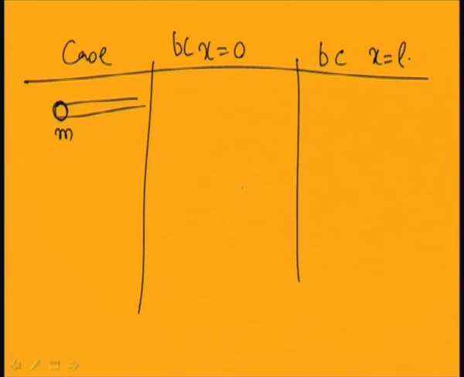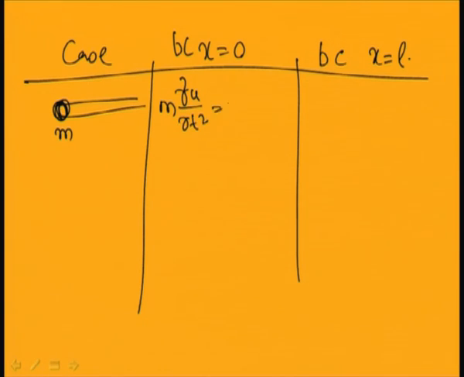If we are putting a mass m at the left end, the force E A del u by del x will be equal to the inertia force. So, the inertia force equals m del square u by del t square.